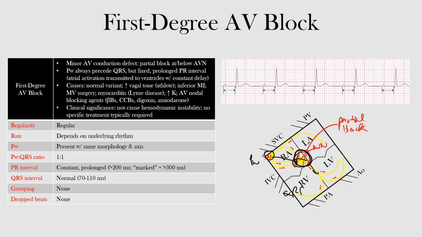So if you look here, here's our P wave, this is our QRS complex, another P wave, QRS, and notice that we have our PR interval. Remember our PR interval? This is our P wave, this is our QRS complex, and this is our T wave. The PR interval represents from the beginning of our P wave to the beginning of our QRS complex. Normally that should be between 120 and 200 milliseconds, which is 3 to 5 small boxes.